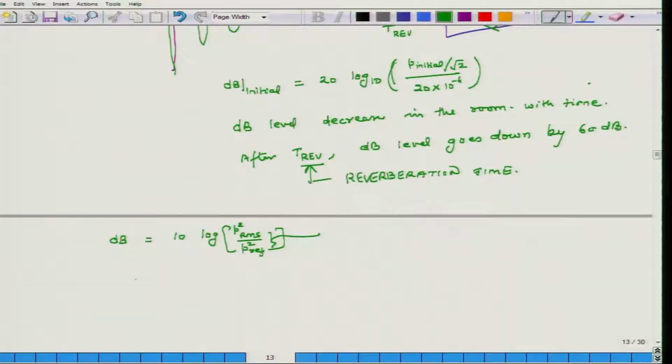So, when delta dB is equal to 60, then the change in the energy level is 10 to the power of 6. So, this corresponds to a factor of 10 to the power of 6 in energy level, not in pressure level. In pressure level it will be 10 to the power of 3, but in energy level it is 10 to the power of 6.